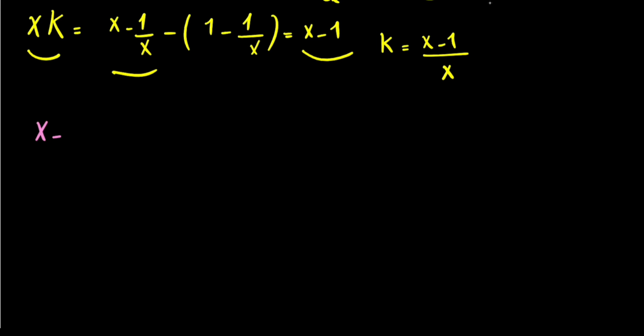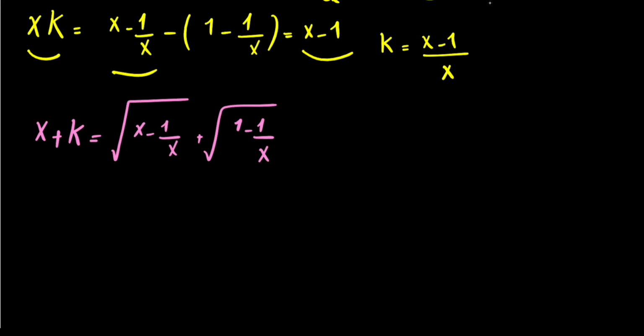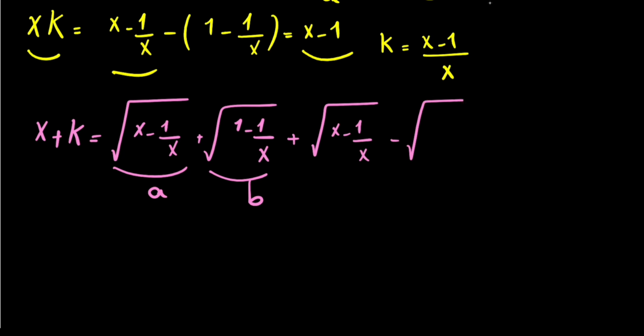So if we calculate x plus k, what will happen? x was equal, as I told you at the first of the video, to the square root of (x minus 1)/x plus the square root of 1 minus 1/x. However, you know that k, that I called a minus b, was equal to the square root of (x minus 1)/x minus the square root of 1 minus 1/x.